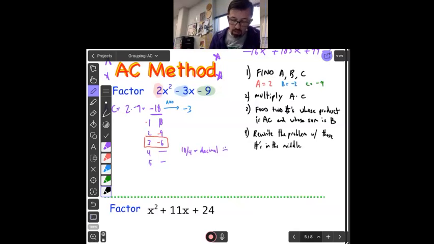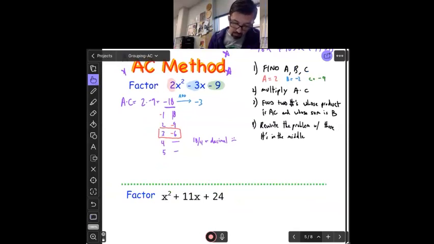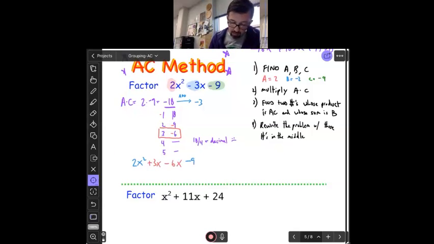What I mean by that is I'm going to take that 2x squared and that -9; those are not going to change. What I'm doing is I'm taking that positive 3x and that -6x. So I'm taking this -3 right here, guys, and I'm breaking it. -3x is no longer -3x. It's now positive 3x minus 6x.